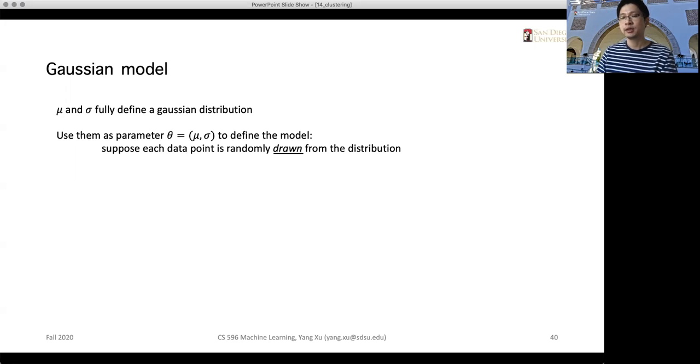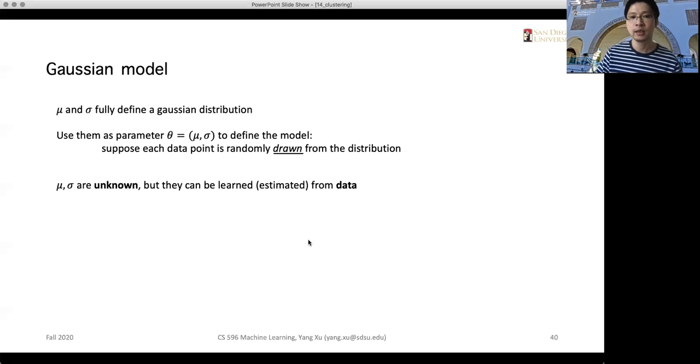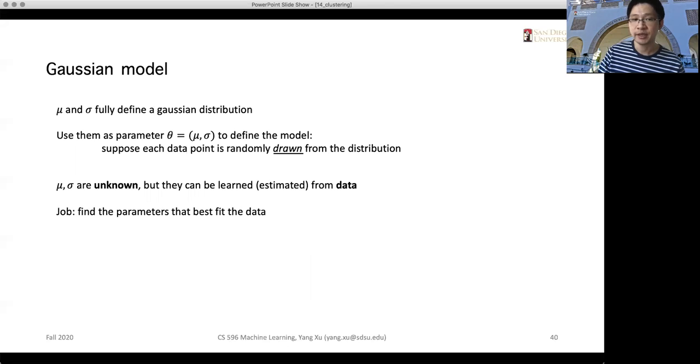The difference is that if it's a Gaussian model that we want to estimate, then the mu and sigma are not known at the beginning. These are unknown variables. So if we want to estimate such a Gaussian model, then we need to assume that each data point is randomly drawn from the distribution. Because the mu and sigma are unknown, they can be learned from the data.